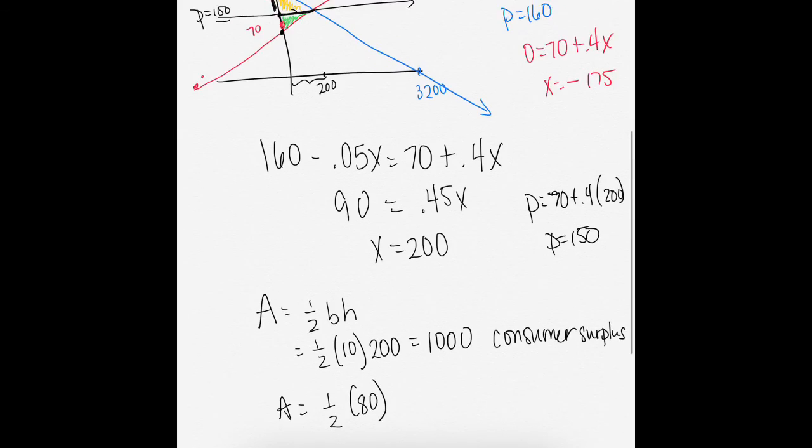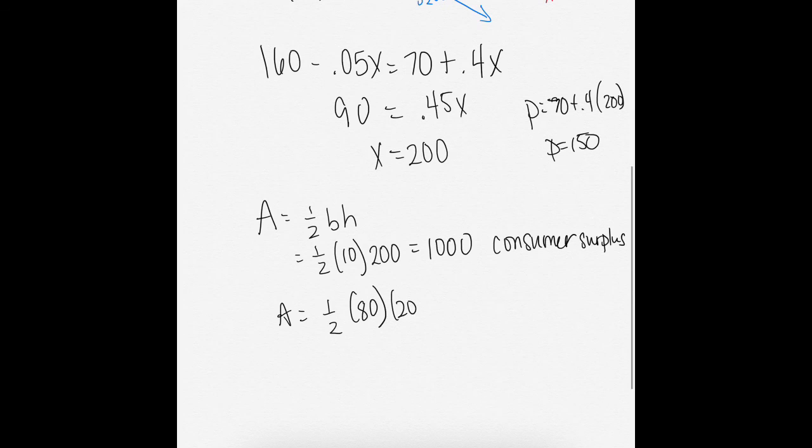So that should be 80. And then the height was exactly the same. It was still 200. So we've got 1/2 times 80 is 40. 40 times 200 is 8,000. That will be my producer surplus.